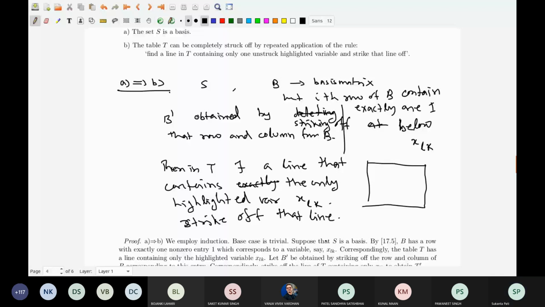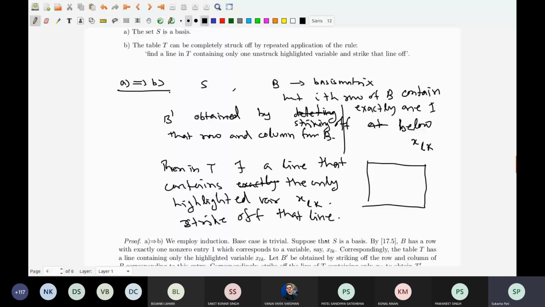Fine. After that, what did you do? Now I deleted a line. What do you mean by line? Either a column or a row. But if you delete a row, the column is also similar. Suppose you delete the last row, it is easy to understand.